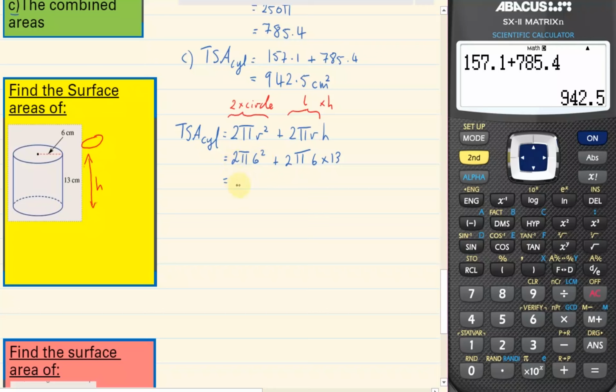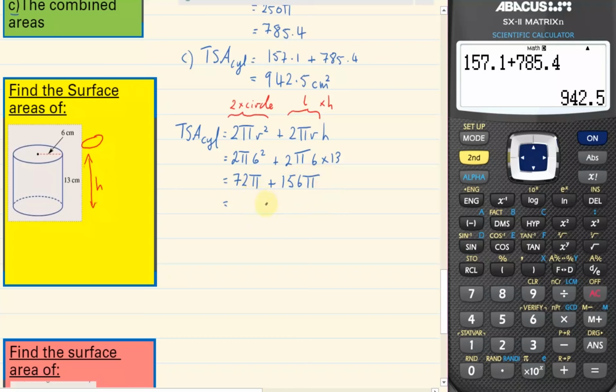So 6 squared is 36, 2 times that is 72 pi. And add that to 6 times 13 is 78. 78 times 2 is, I think, 156. 156 pi.